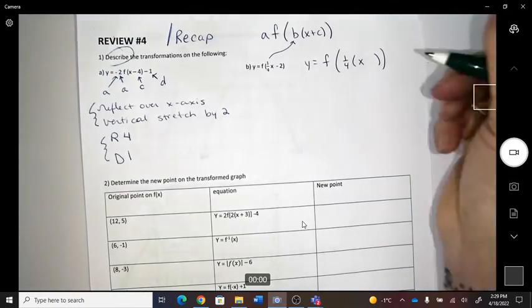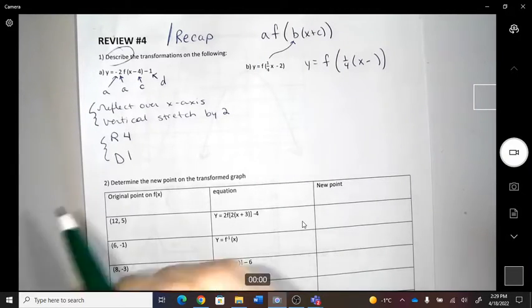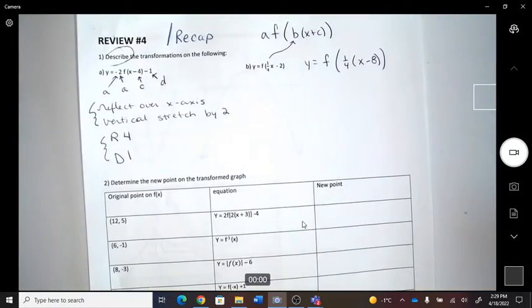Now what number will it be? A quarter times what would give you 2? Eight times a quarter would give you 2.